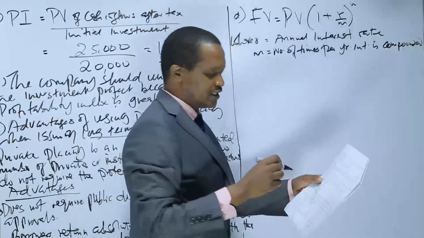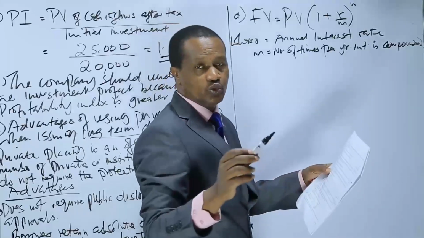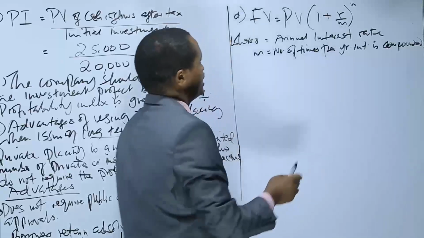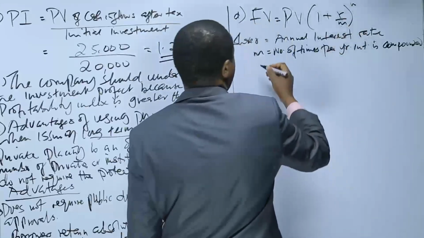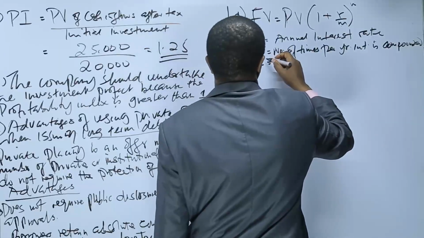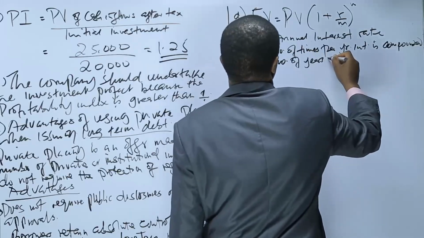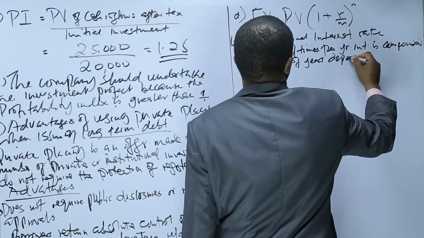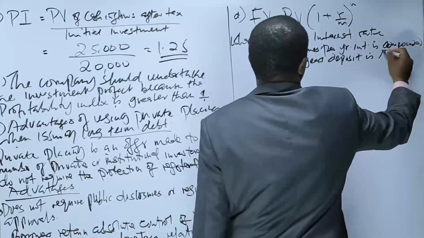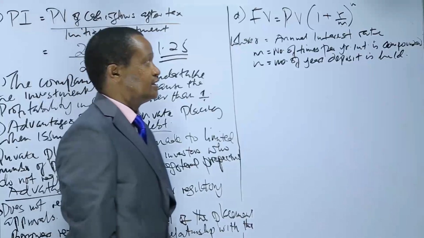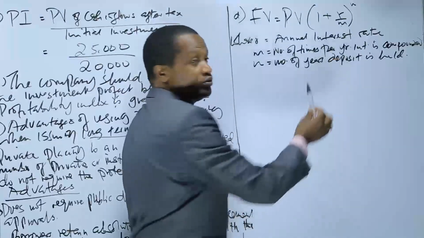In this question, the number of times is 2 because it's semi-annually. Semi means 2. And N is equal to the number of years the deposit is held. This is a general formula.